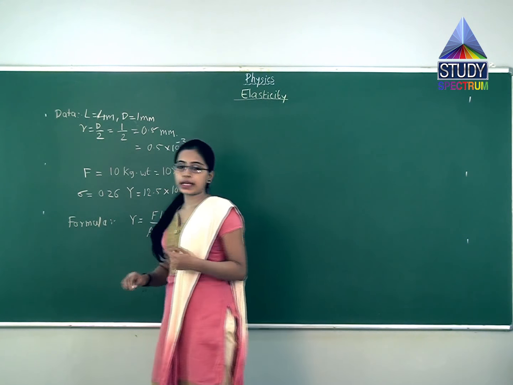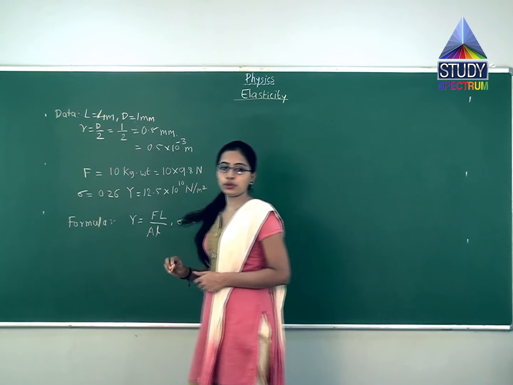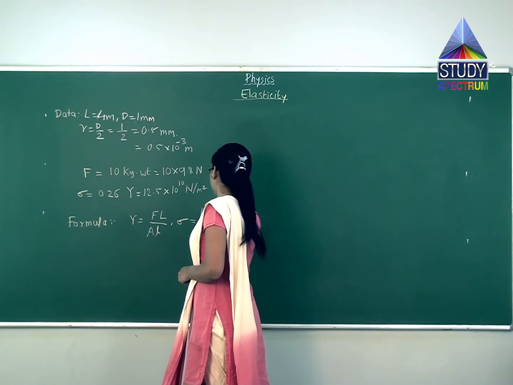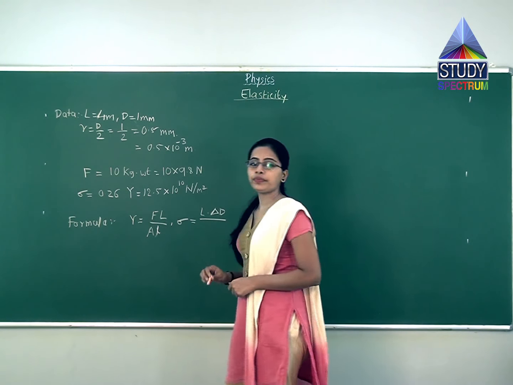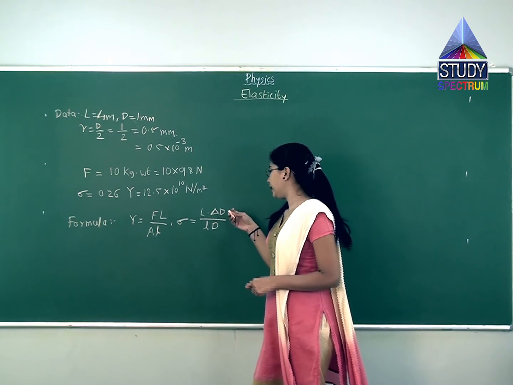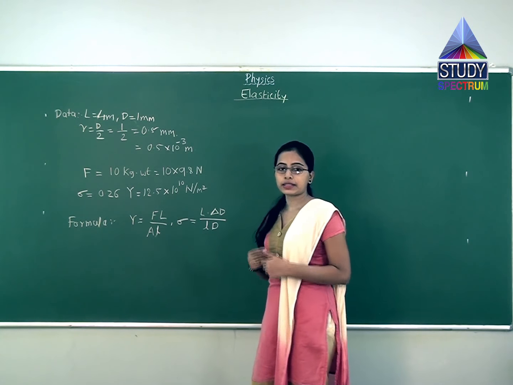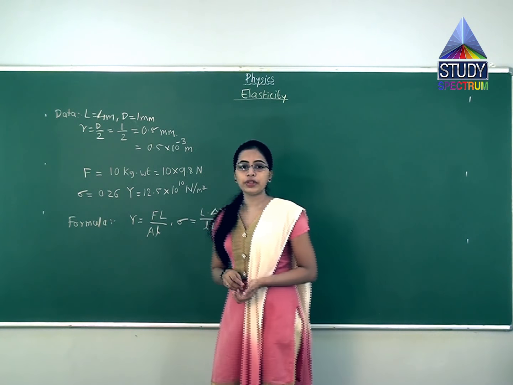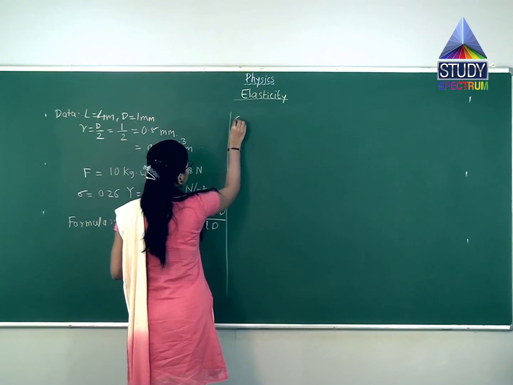Then the second formula that we will use is the formula of Poisson's ratio, which is sigma is equal to L into delta D upon small l into D, where delta D is the change in diameter, D is the original diameter and small l is the extension. Now by using these two formulas, we will start solving the example. So I will solve here. Solution.